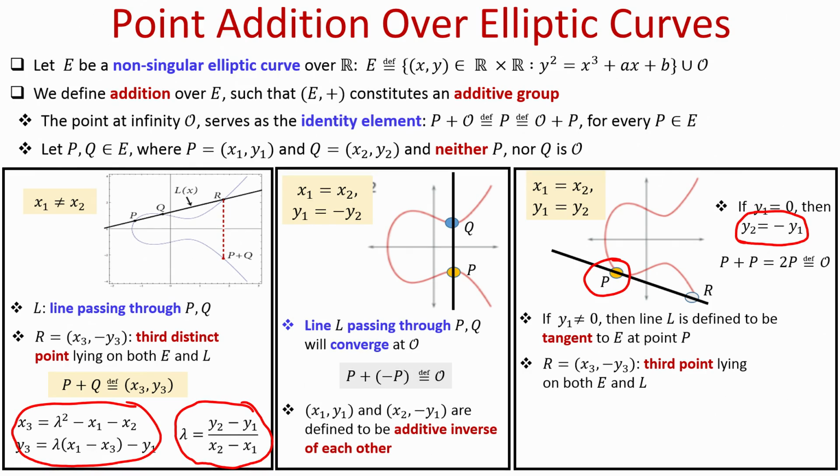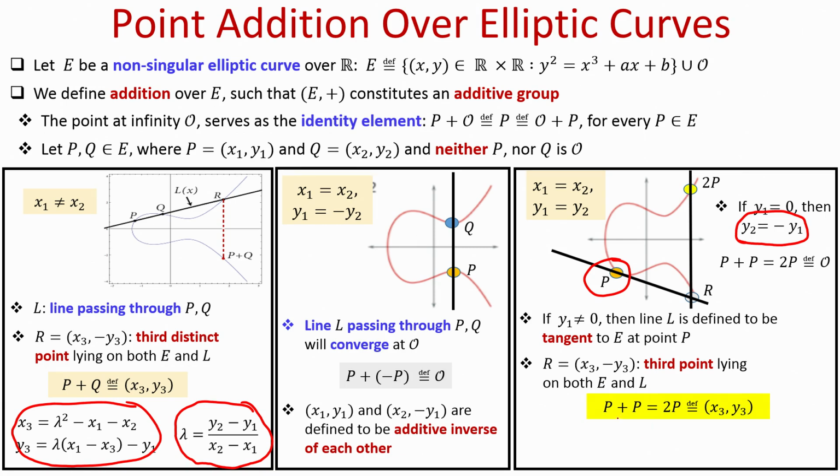We call that point R, and say the coordinates of R are x3 and minus y3, which is the third point. Two of the points are P and the third point lying on the curve is R, and what we now do is reflect the point R along the x axis, and that is the result of adding P to itself.